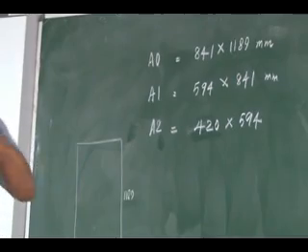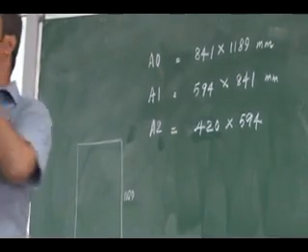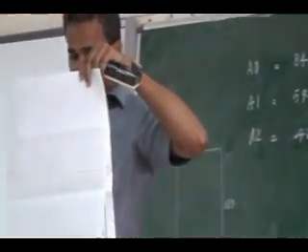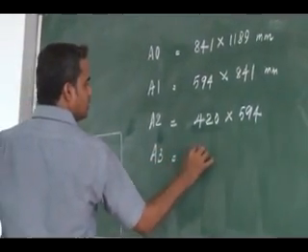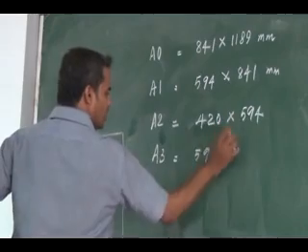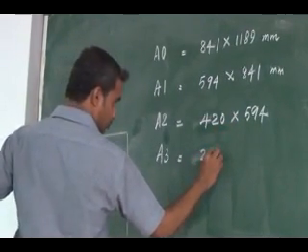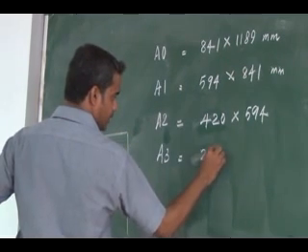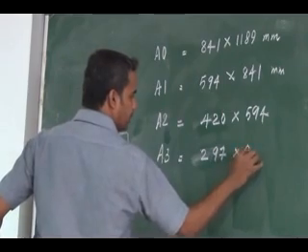Still, if I fold it, I will have an A3 drawing sheet. The A3 drawing sheet is 594 by 297, and 420.